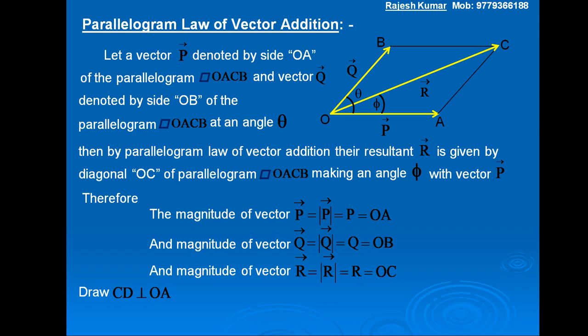Draw CD perpendicular to OA which meets OA produced at point D. This is OA produced and CD drawn perpendicular on OA. This is right angle and point is D. The angle CAD is also equal to theta.